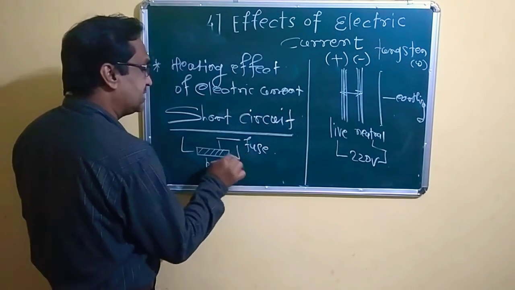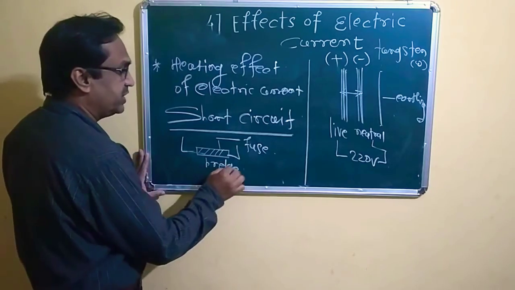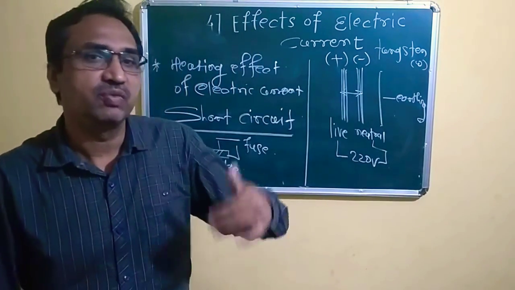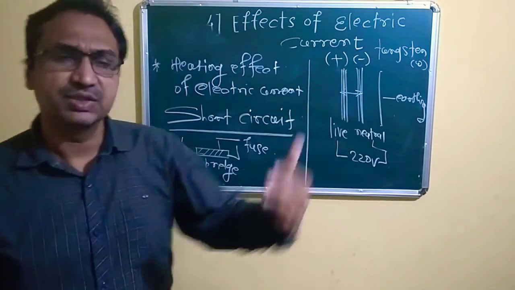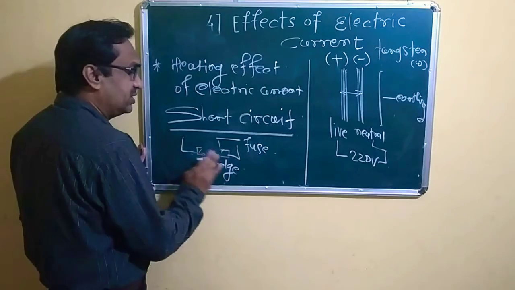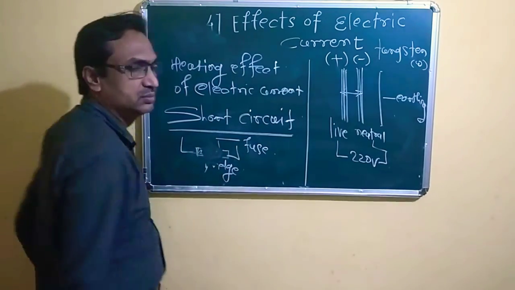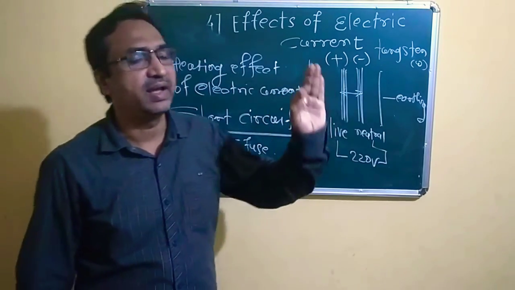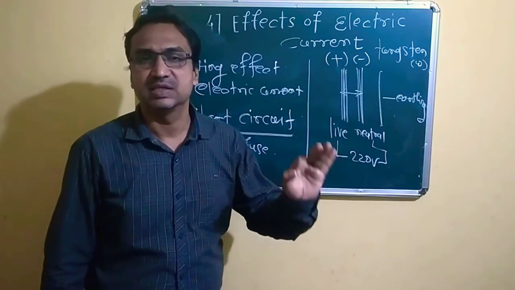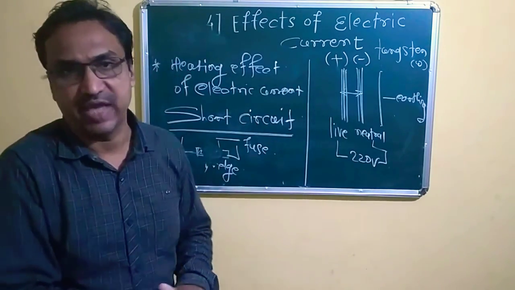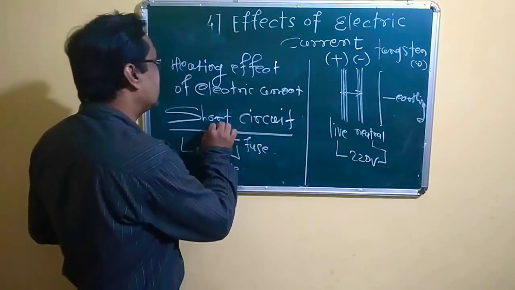So in the electric circuit, when the current passes through this bridge, that means the fuse, the amount of current increases so that it melts, and due to its melting, the circuit breaks, and so our electrical gadgets can easily survive such accidents. So that is a short circuit.